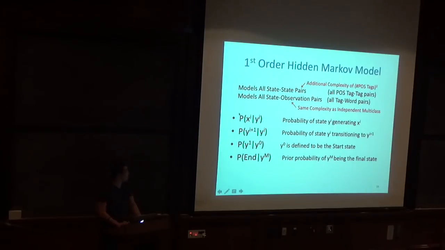The number of parameters in P of xi given yi is the number of part of speech tags times the size of your input vocabulary. And then the bottom two probability tables are much smaller. They're not probability matrices, if you will. They're just probability vectors. So the representational complexity is really dominated by the number of parameters in the first two probability tables.